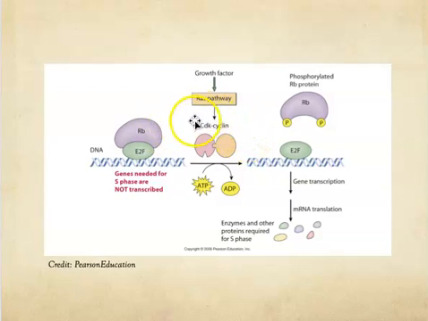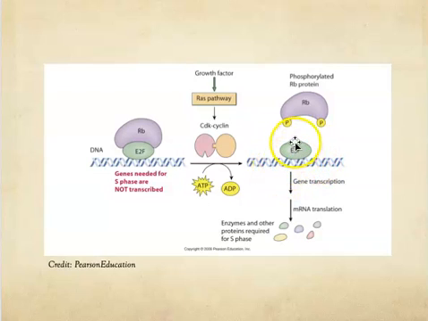This checkpoint involved CDK cyclin. Remember, that's cyclin-dependent kinase. Has to be bound to cyclin in order for it to become activated. The CDK cyclin molecule then phosphorylates this tumor suppressor protein, which causes it to release from E2F.